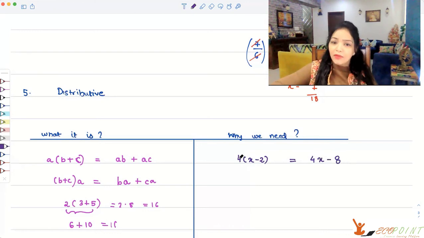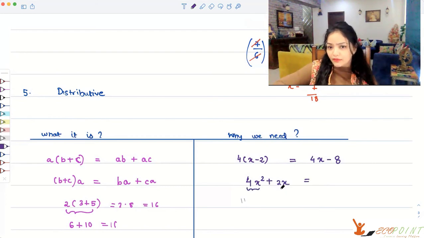So 4 times (x minus 2) is going to be the same as 4x minus 8. And this is pretty important for us when we work with variables. For example, suppose you have 4x squared plus 2x. Now, what I can actually do here is that I see that both these expressions, 4x squared and 2x, are multiplied by x.